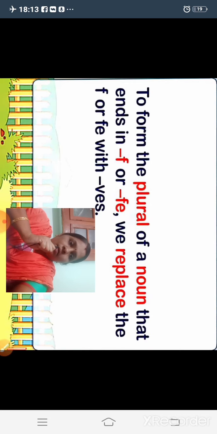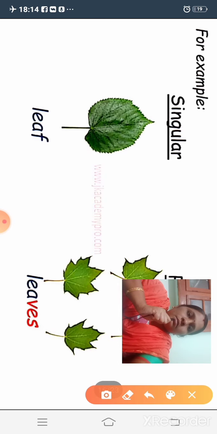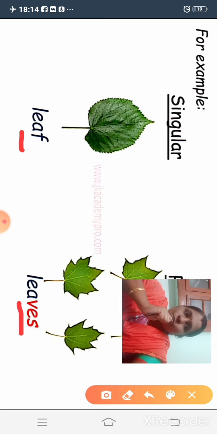Okay. I'll show you some examples. Look at here. This is the word LEAF. It's a word that ends with the letter F. Okay. And we want to change it into plural form. So thereby we added VES at the end of this word. Okay.